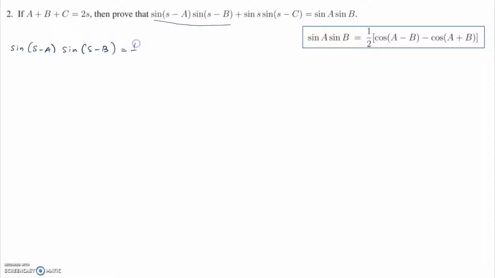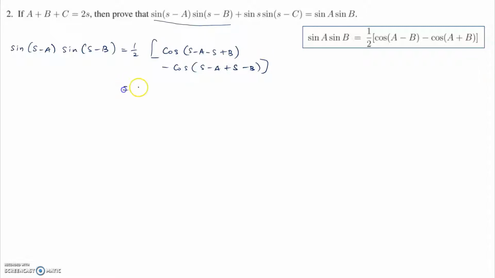this becomes half of, within brackets, cos(a minus b), that is s minus a, minus b would be minus s plus b, and minus cos(a plus b). So, it is minus cos of s minus a plus b, so that is plus s minus b.